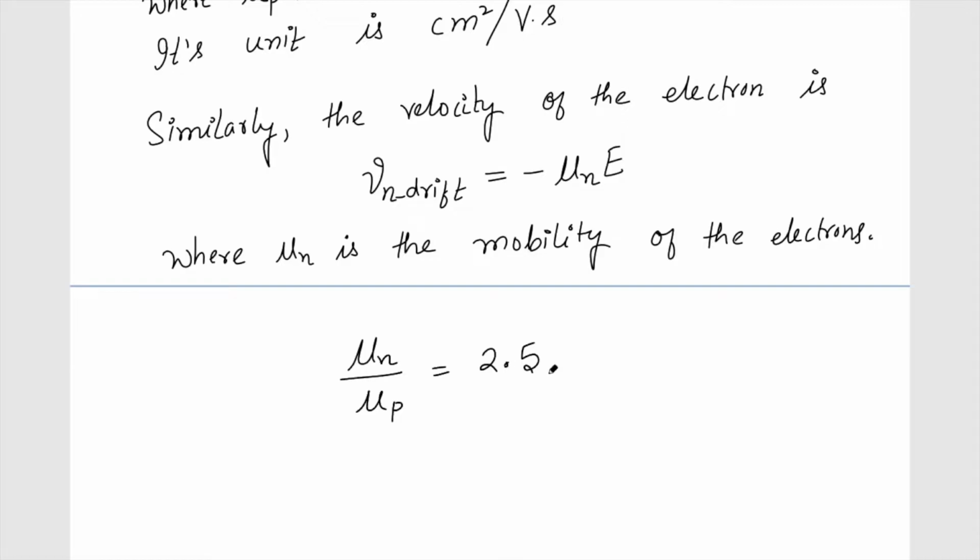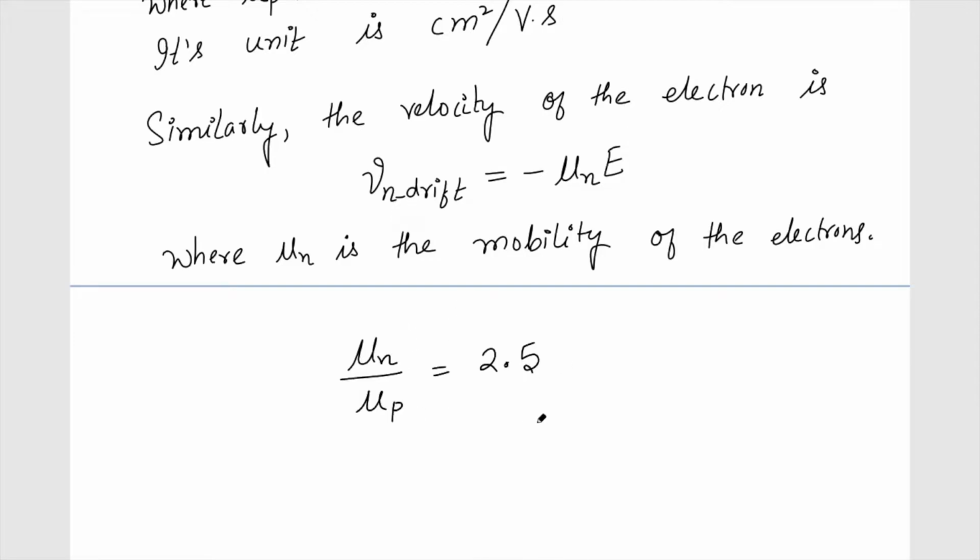So this ratio will become important, especially when we'll be designing some electronics circuits. Especially if we build a device which is based on the conduction of the electrons, and we build another device which is based on the conduction of the holes, and we want the same resistivity or the same kind of property, then we should make the device based on the movement of holes 2.5 times larger than that of the electrons.